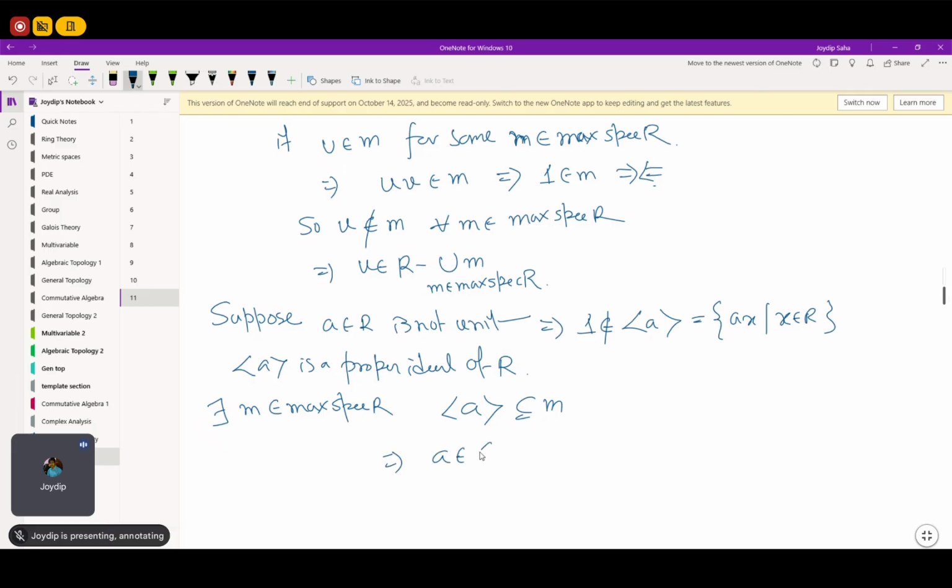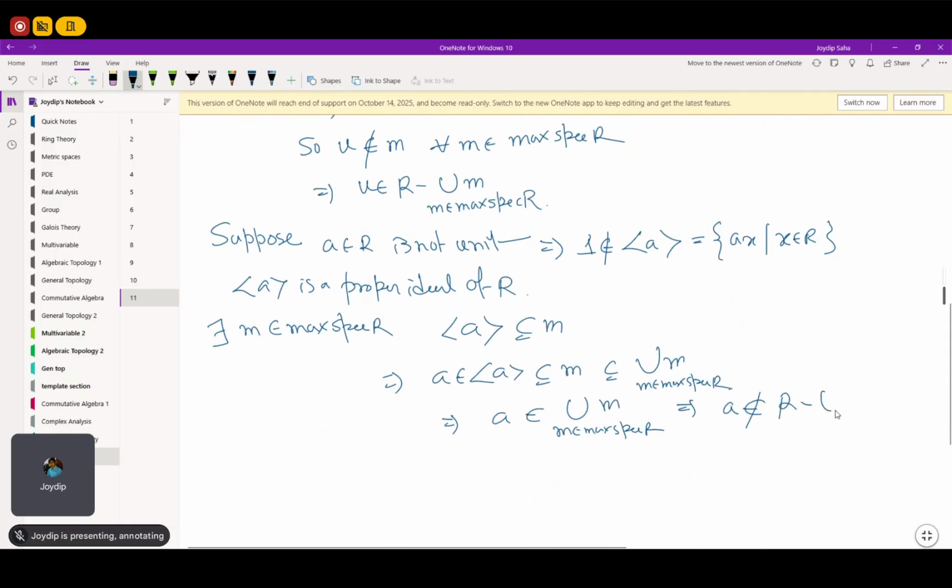That means now a belongs to the ideal generated by a, because a can be written as a times 1, a subset of M. So this implies a belongs to the union of M. This implies a does not belong to R minus the union of M. So if it is not a unit, then it does not belong here.